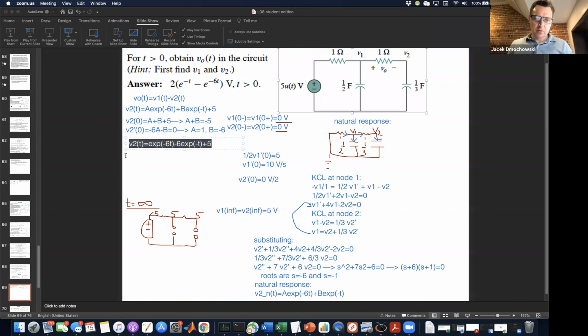Namely, if you just apply KCL at this node here, you get that V1(t) minus V2(t) is equal to 1/3 V2 prime(t).